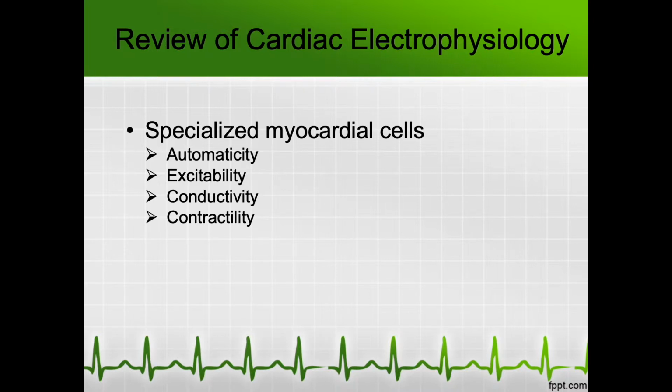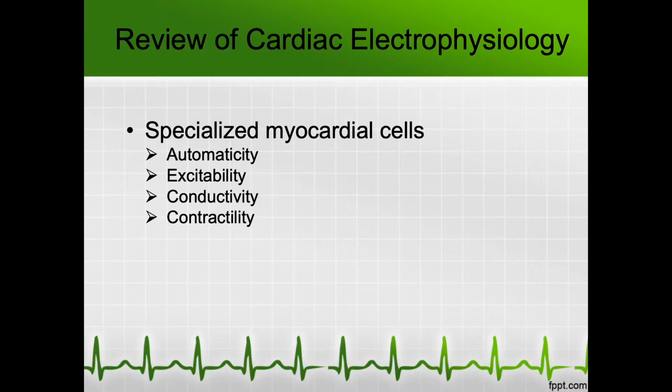Remember that myocardial cells are very specialized muscle cells, and they possess four key characteristics. The first is automaticity. That refers to the cell's ability to spontaneously generate electricity. Excitability refers to the ability that the cardiac cells have to respond to that electrical impulse.